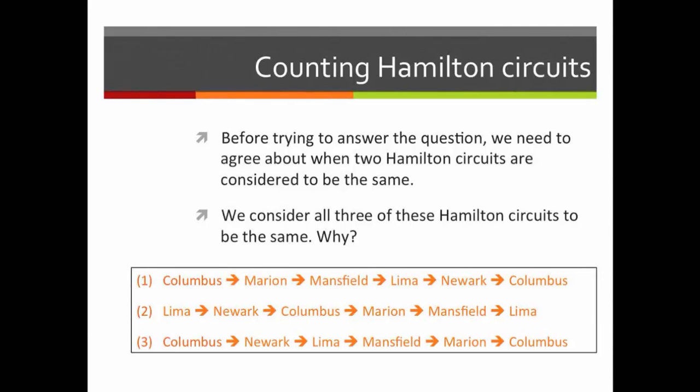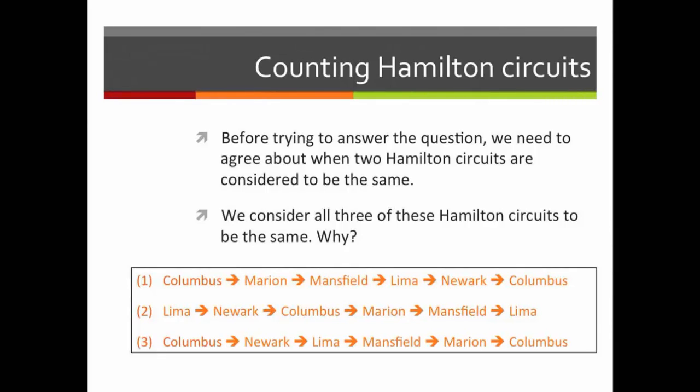So from Lima, you would go to Newark. From Newark, you would go to Columbus. Now, since Columbus is also the first vertex, you can just say, from Columbus, I want to go to Marion. From Marion to Mansfield. From Mansfield to Lima, and that's where I started. And notice that's exactly what you see in number 2. So it's really the same as number 1 with a different starting point. And we will therefore consider those to be the same Hamilton circuit, not different Hamilton circuits.